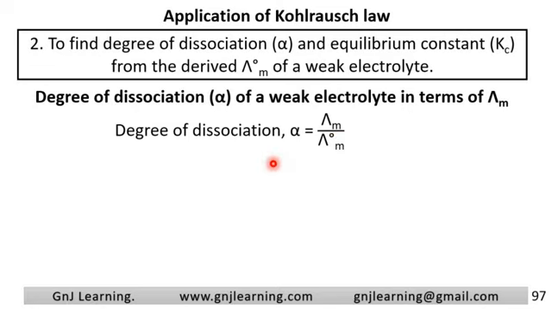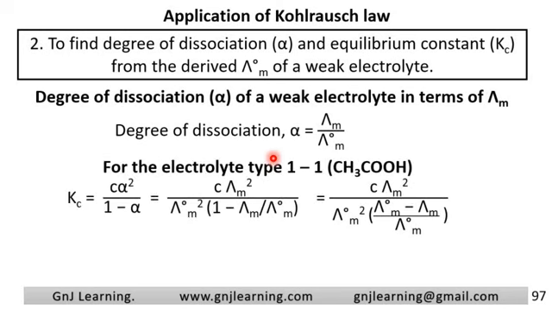And we have seen an equation in class 11 connecting Kc and alpha for an electrolyte of the type 1,1. That means an electrolyte that dissociates to give 1 cation and 1 anion. Kc is equal to C alpha square divided by 1 minus alpha.